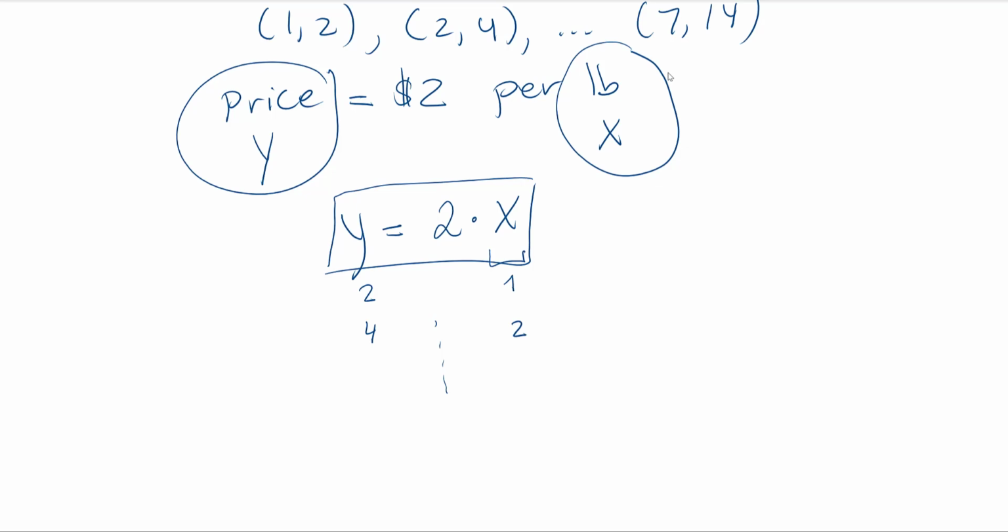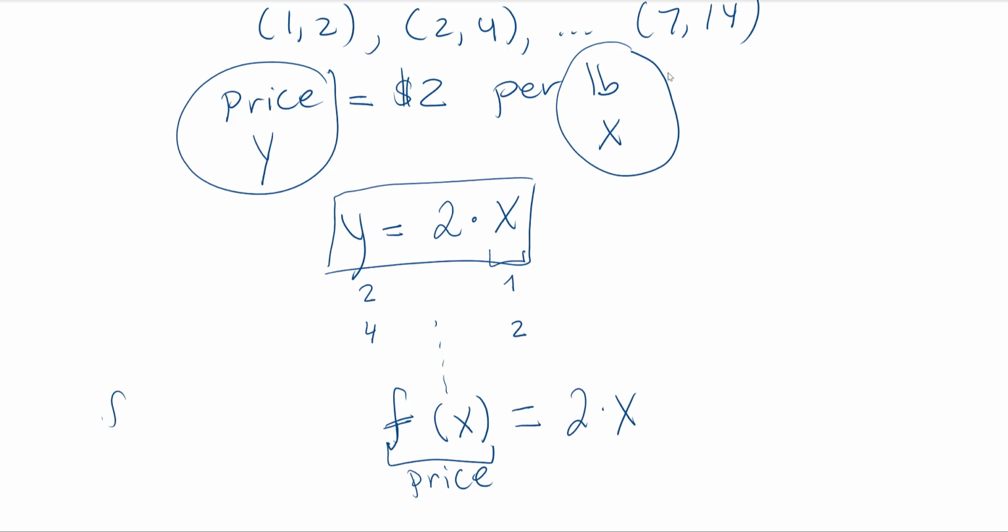Another way of writing out this type of mathematical formula for a function is the following way, where we write f of x equals 2 times x. So in this case, f of x is the price. And when we write the x in these parentheses with this symbol for the function, lowercase f, we mean this is the price of peaches, but it is a function of x.